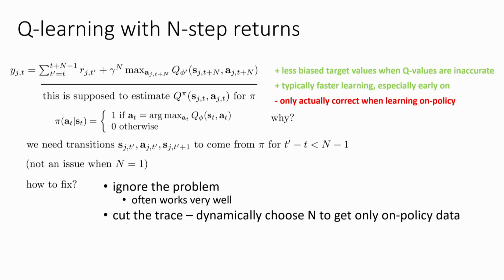There are a few ways to do this, but one thing you could do if you have a small discrete action space, maybe you're playing Atari games and you just have 3 different actions, is choose n to be the largest number between 1 and 10, such that all of the steps up to n take the same action that your current policy would have taken. Now, that's pretty unlikely, but if you have a small action space, maybe you'll get lucky and you'll find enough chunks that take exactly the action you would have taken anyway that are of length greater than 1.